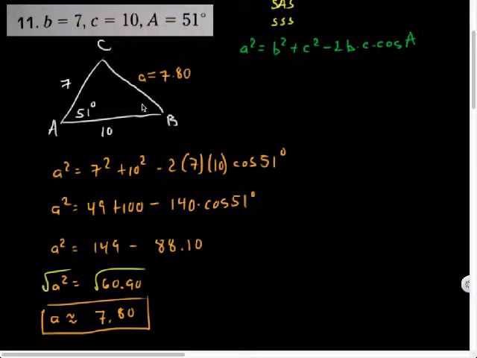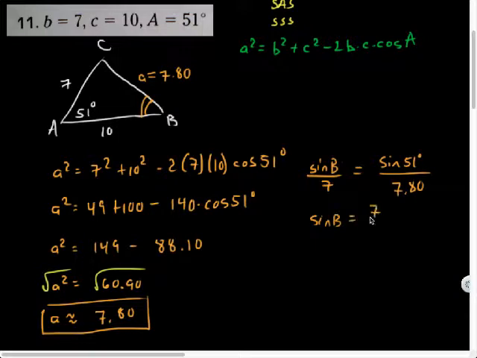Now that I've got a pair of side and angle, I can use Law of Sines to find some remaining information. For instance, I could find angle B. Sine of B over 7 is equal to sine of 51 degrees over 7.80. So sine of B is equal to 7 over 7.80 times the sine of 51.